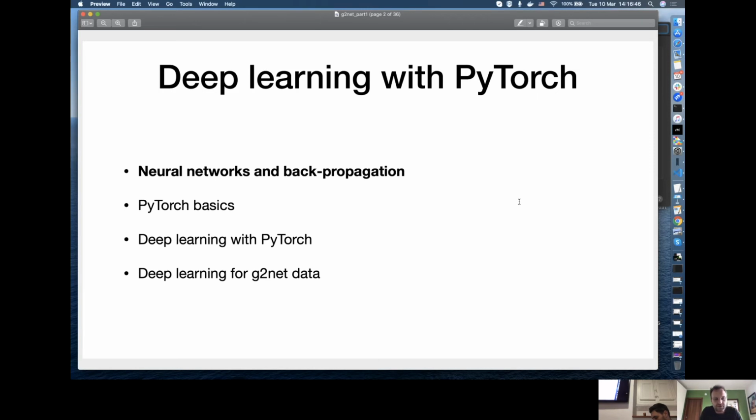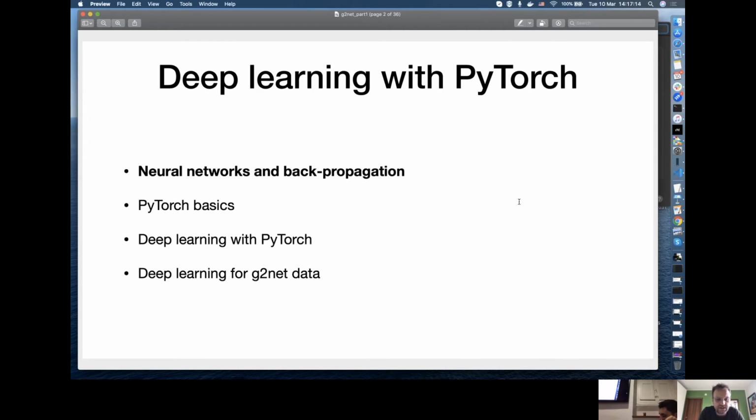So this is the layout of the 4 lessons. The first is neural networks and backpropagation, which we'll do this hour. Then we'll go into PyTorch basics later today. And tomorrow afternoon, we'll see neural networks created with PyTorch, some things related to training them, the essentials.